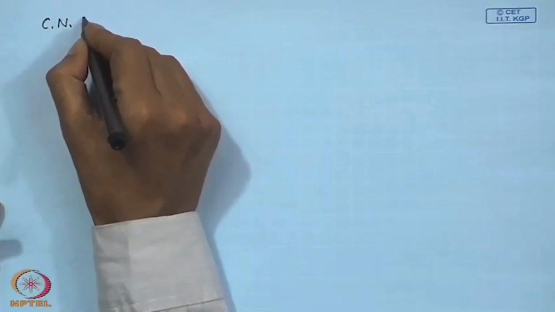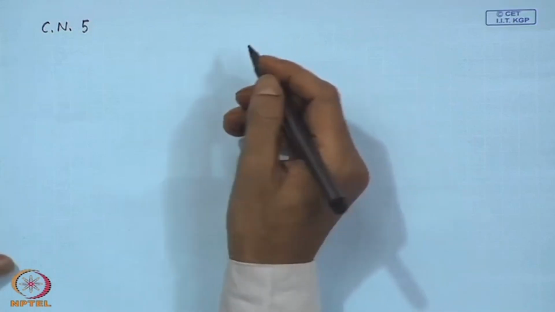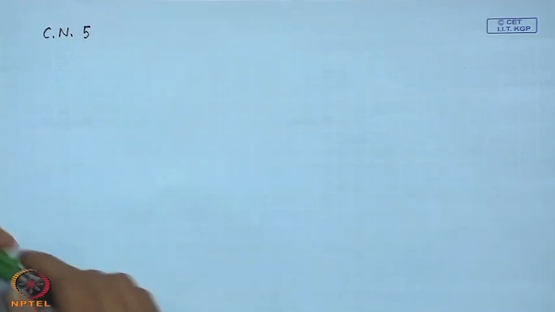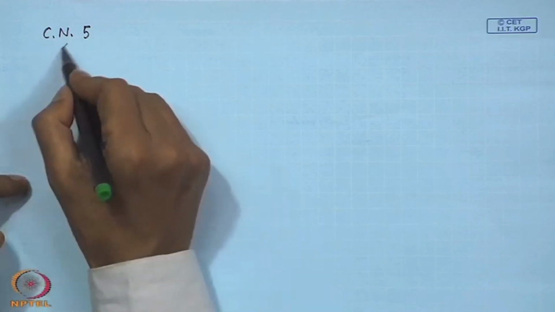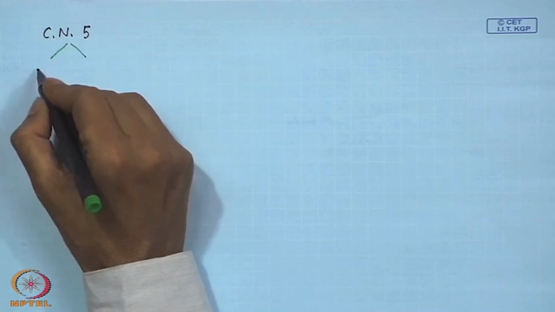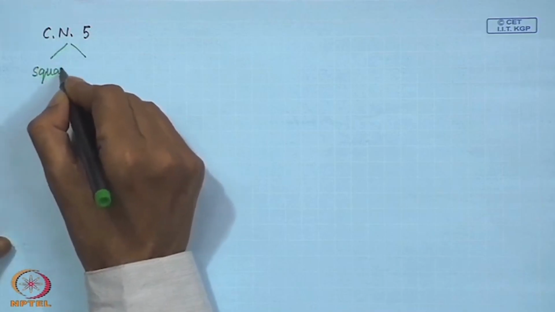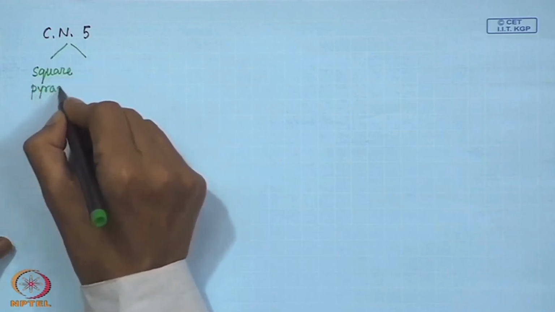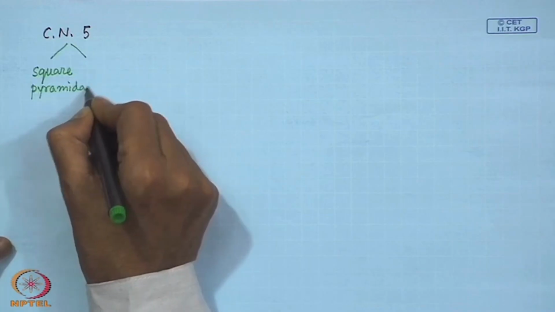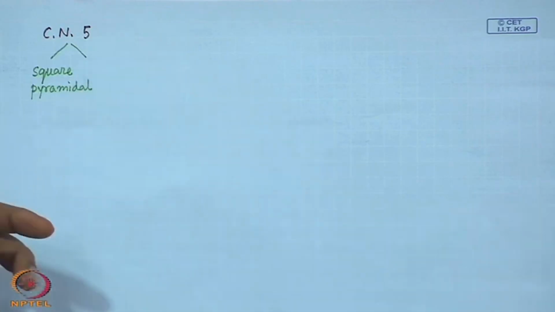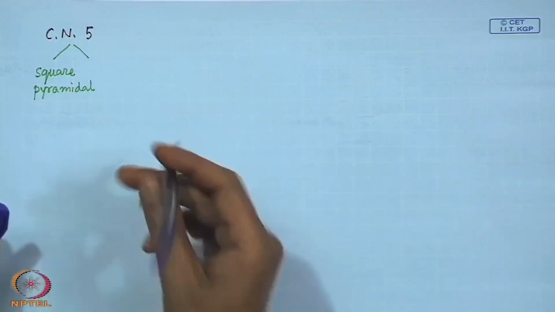much about the corresponding coordination number of 5. So in coordination number 5, what we have seen is that we can have 2 different geometries. One is square pyramidal, and the other is trigonal bipyramidal.